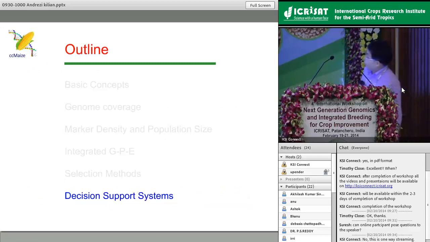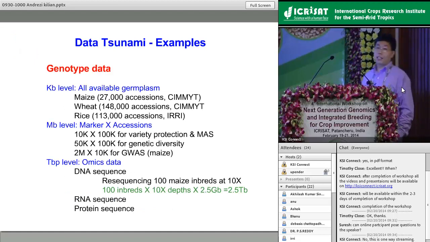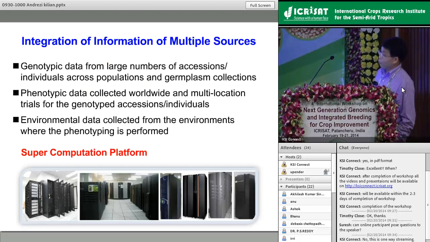The last section of my talk is the decision supporting system. We heard a lot of stories about the data tsunami because of the different levels of data. We have the KB level germplasm, the MB level marker by accession, and the TB level of omics data from different areas. That's lots of data. With so much data, we have to integrate them in one platform.